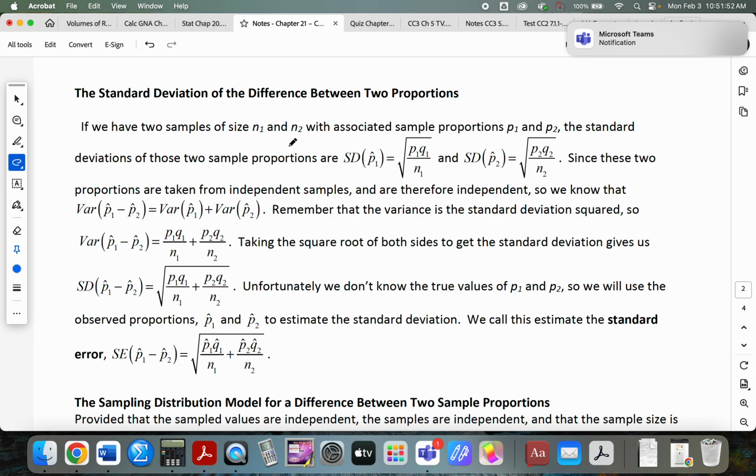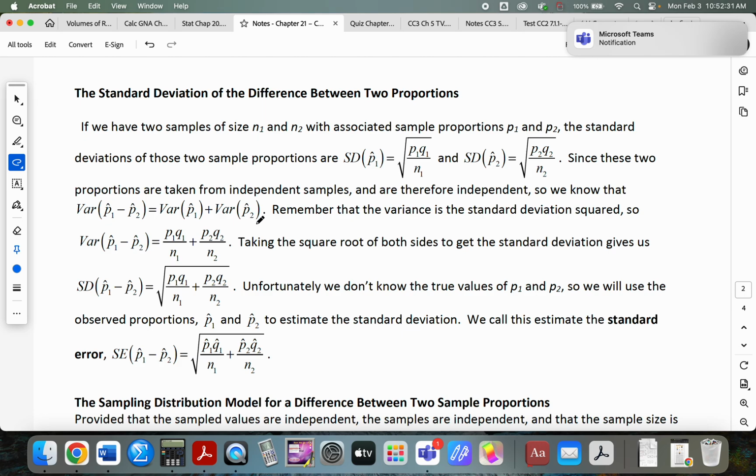So if we have two samples of size N1 and N2 associated with sample proportions P1 and P2, the standard deviation of P hat sub 1 is, we've been doing this over and over again, the square root of PQ over N. Same for the second sample. Since these two proportions are taken from independent samples and are therefore independent, we know that the variance in P1 minus P2 is equal to the variance in P1 plus the variance in P2.